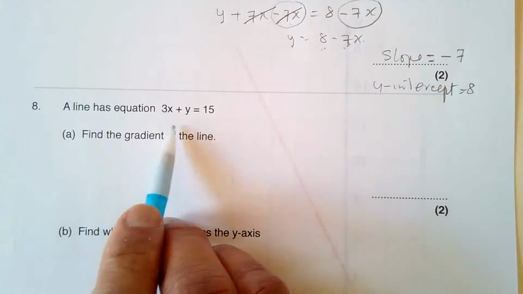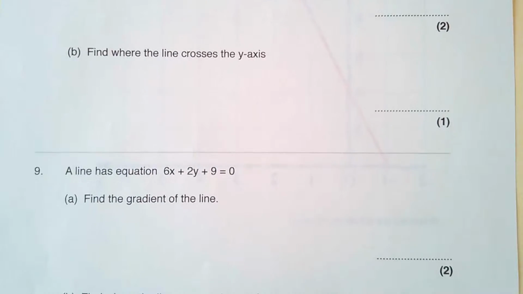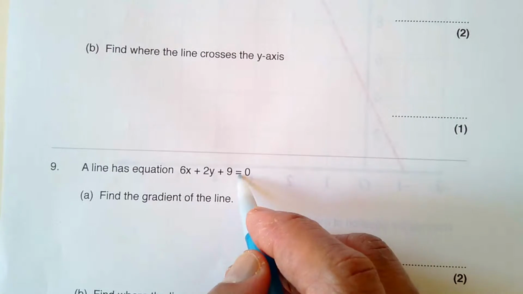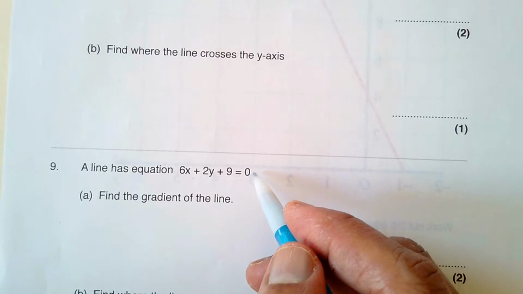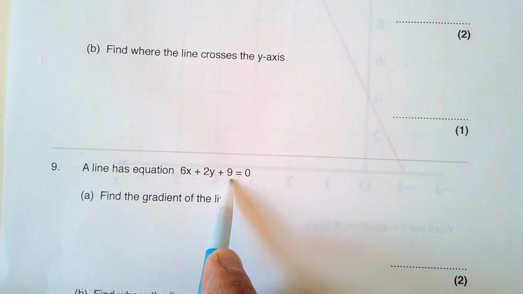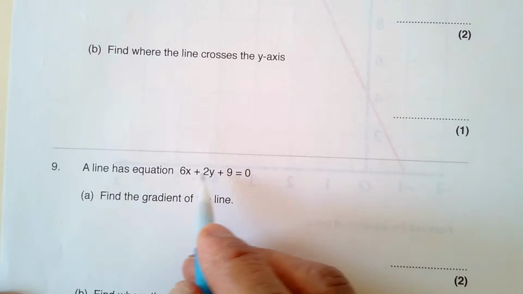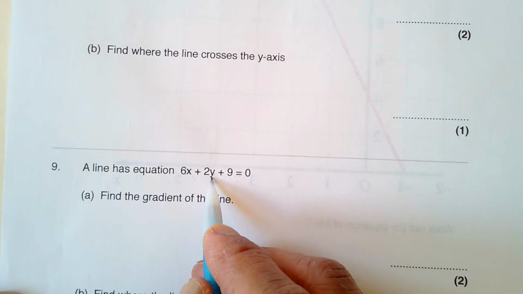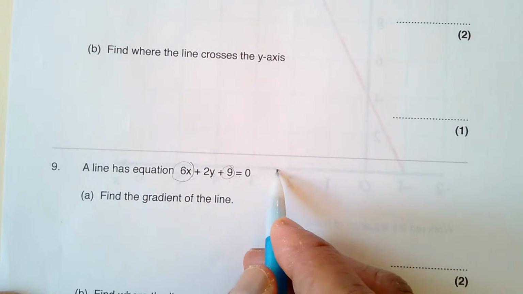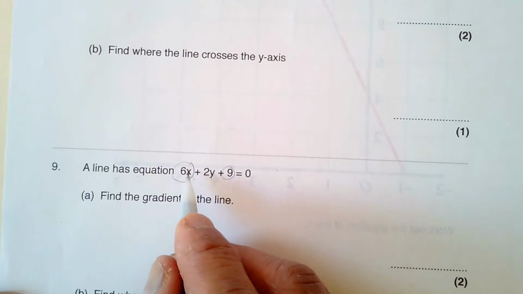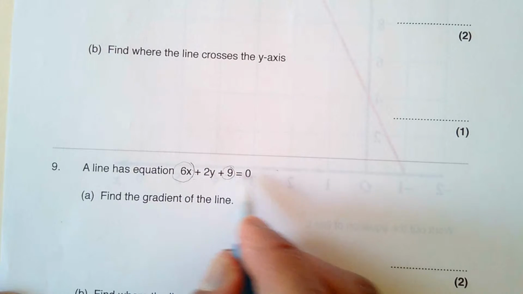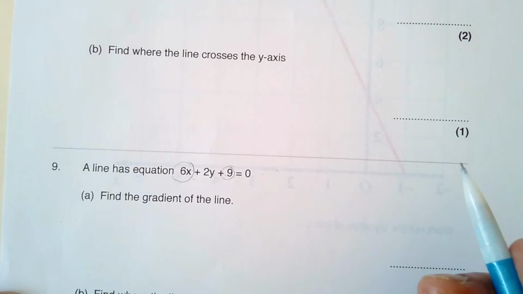Okay, the next one is very similar. For the final one, there are more on the worksheet, but I just want to look at this example. Here the x and the y's are all on the same side, and the constant is on the same side too. We need to isolate the y. First of all, you want to take the x term and the 9 to the right. How do we do that? We subtract negative 6x on the left and negative 9 on the left, and you add it to the right side.